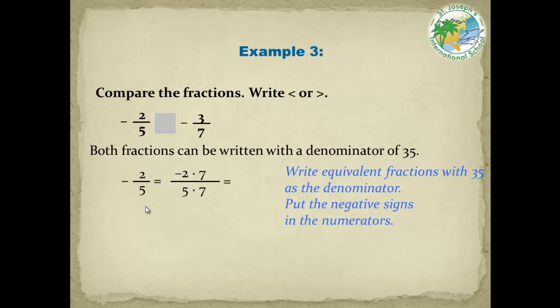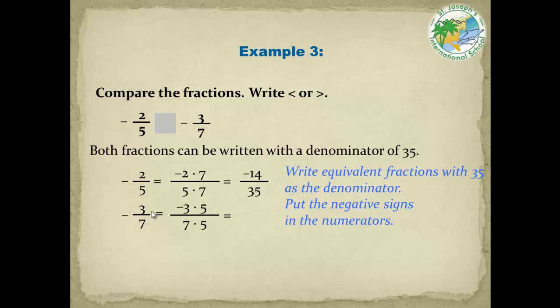-2/5 equals negative, we multiply numerator and denominator by 7. We said before, if we multiply the denominator with a number, we should multiply the numerator with the same number. Then -2 times 7 over 5 times 7 equals -14/35. Fine. Another fraction, -3/7. Multiply numerator and denominator by what? 7 times 5 equals 35.